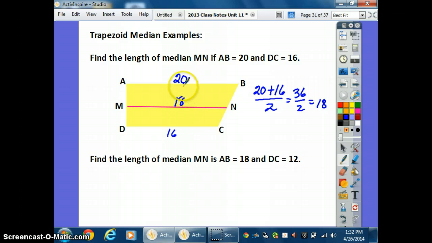See, it's 2 away from 20 and 2 away from 16. Yeah, this is definitely the median, right in the middle, 18.